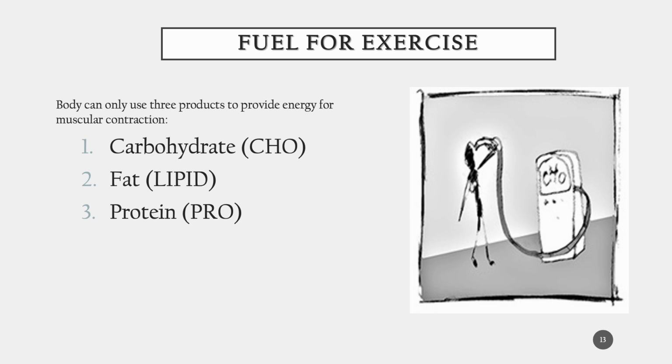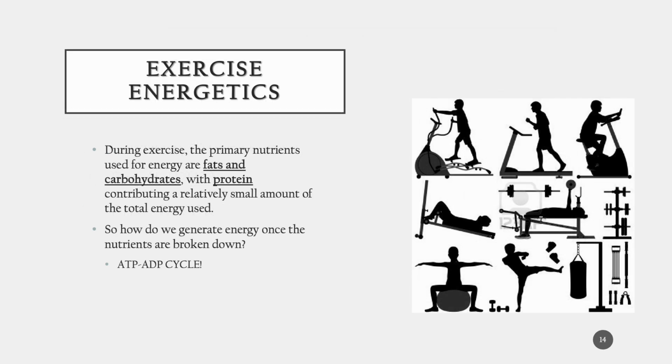As a reminder, fuel for energy, that raw material: we have carbohydrates, carbs, CHO, fats, also known as lipids. If you see lipids in this PowerPoint or textbook, just know those are fats. And then protein, abbreviated as PRO. During exercise, the primary nutrients used for energy are fats and carbohydrates.